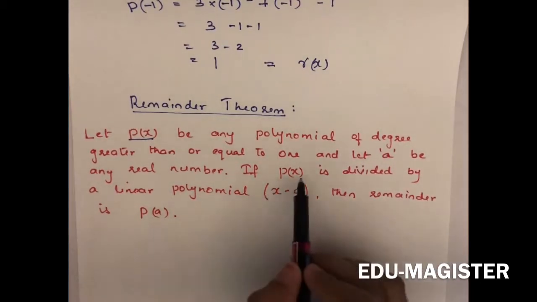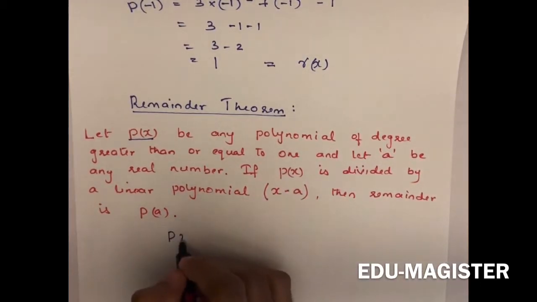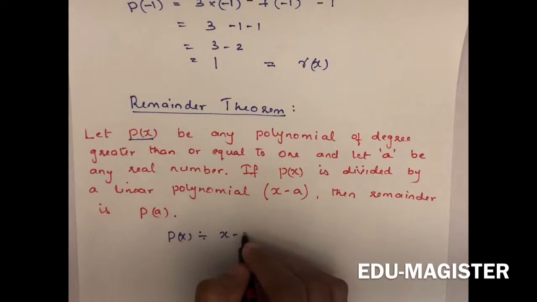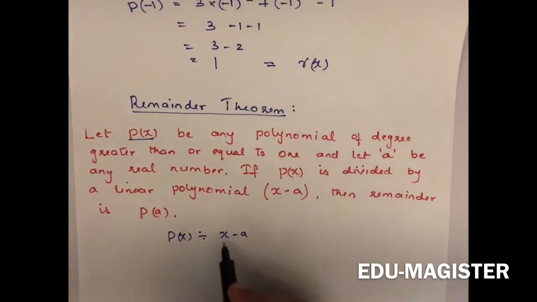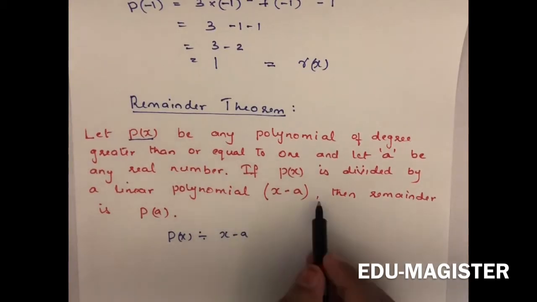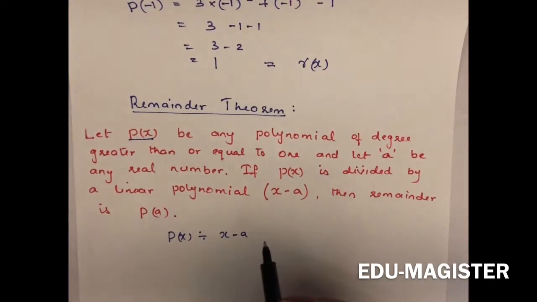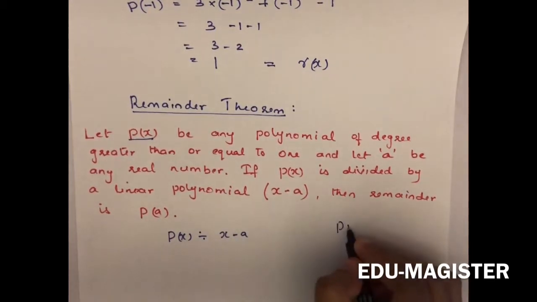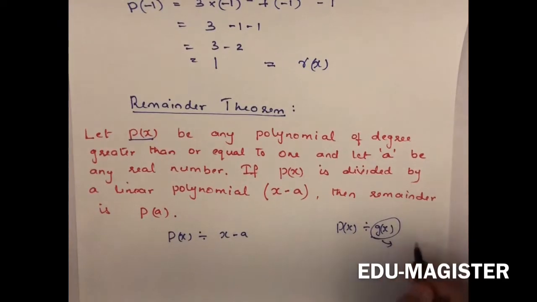Then if P of x is divided by any linear polynomial x minus a, so we have given a format for g of x. That is, before we told that P of x is divided by g of x, right? But this g of x should be in the form of x minus a.